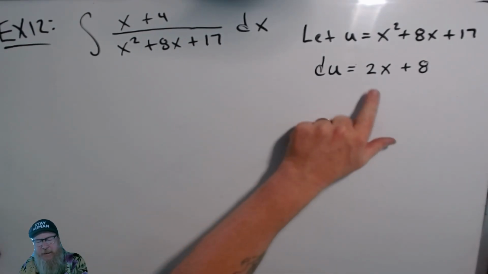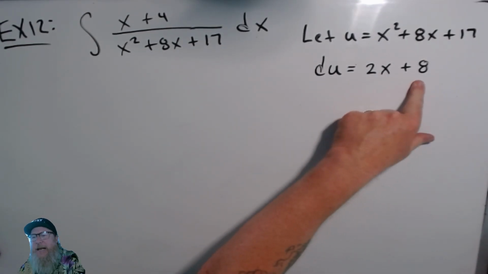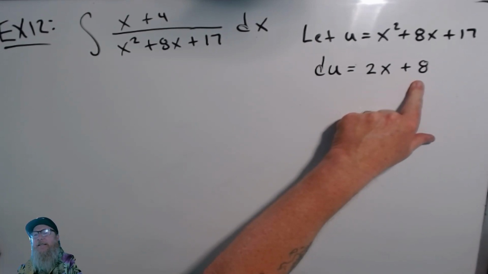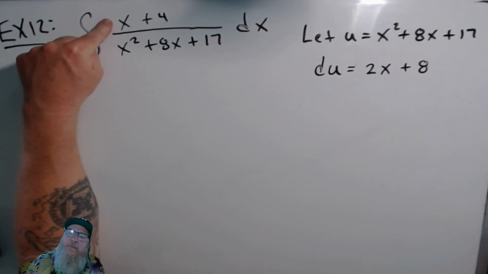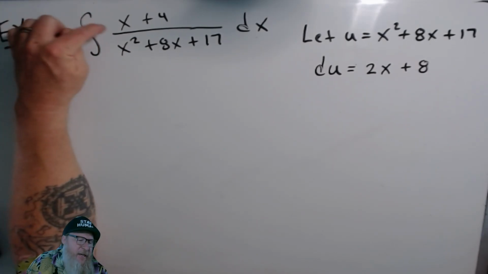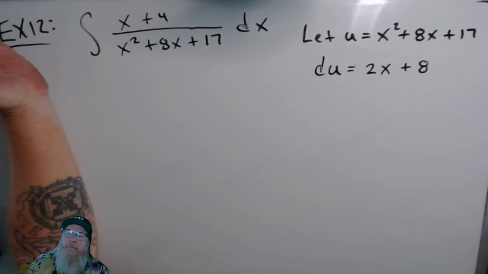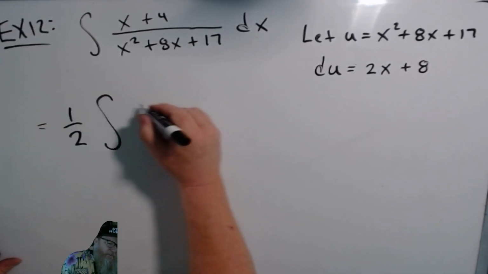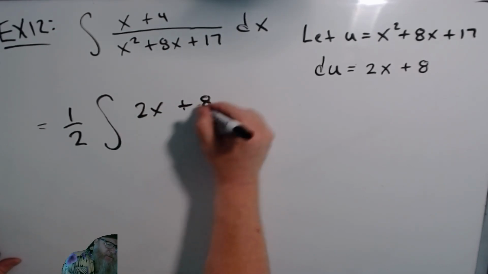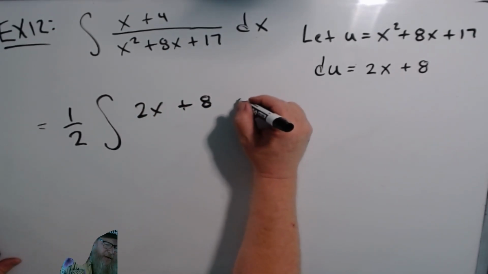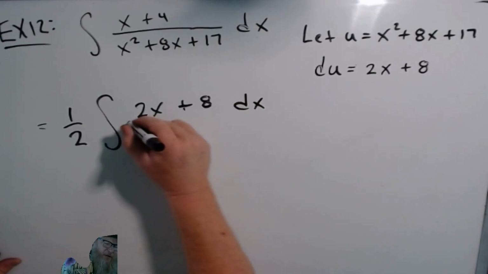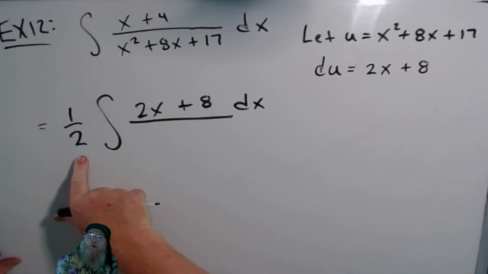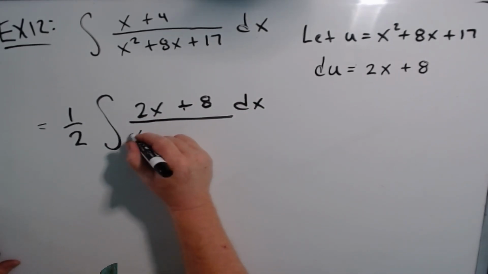Now, unfortunately, we have a 2x plus 8 as the du, but we don't have a 2x plus 8 here. But that's easy to fix. Just multiply this by 2, and it becomes 2x plus 8. And remember, if you multiply by 2, you also have to put a 1/2 on the outside.